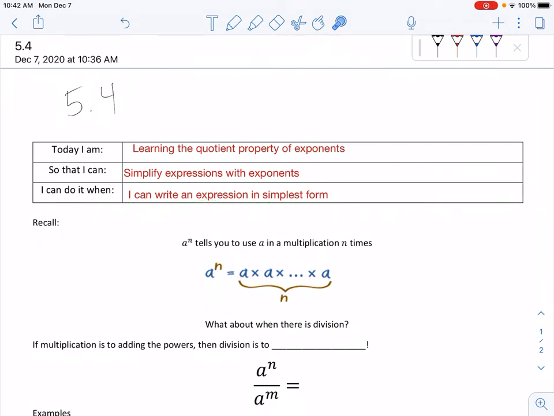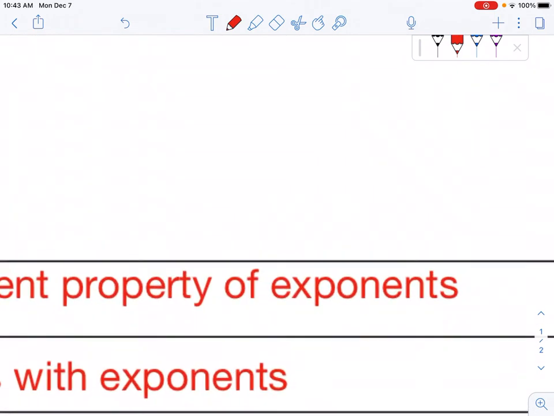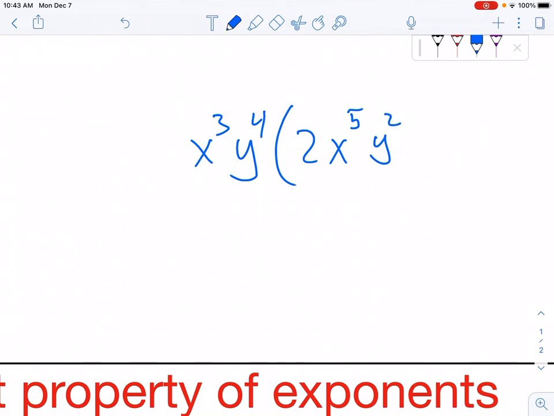So in 5.1, we covered the product property, and that was when you have two exponents. So I'm just going to do a little side note here. When you have x to the third times y to the fourth, times 2x to the fifth y to the second, we would take our base numbers.